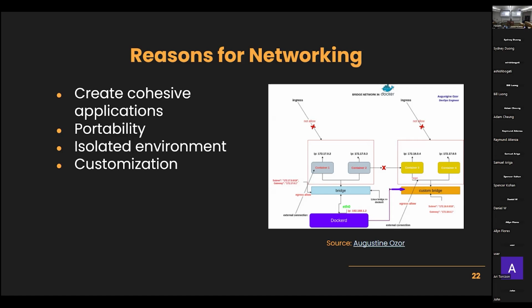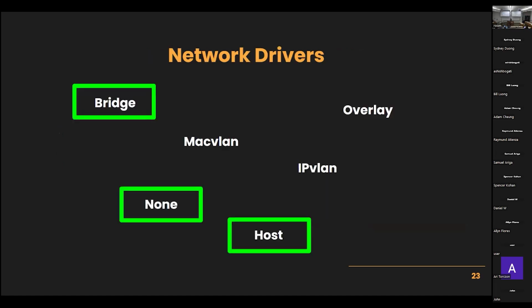And overall, networking for Docker is really customizable. Like I mentioned earlier, you can have it placed in different areas of your network or on your host. So we have, what is that, six? Yeah, we have six different network modes in Docker.